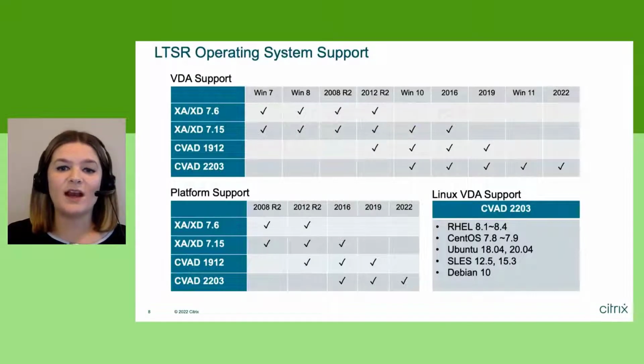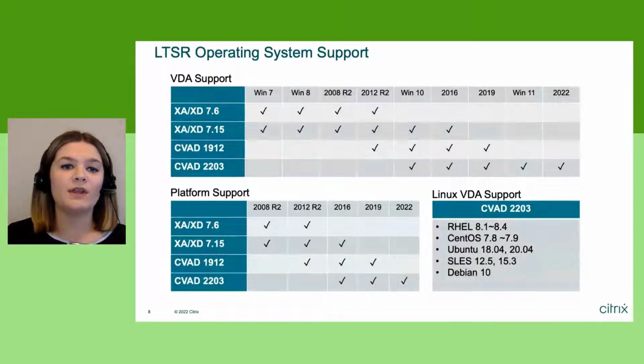So I was having a conversation just the other week with an SE about these charts specifically, and I think they're a really good way to distill down what exactly is supported in each of our long-term service releases, and gives you a visual representation of how and when you may need to make a move to a new operating system.